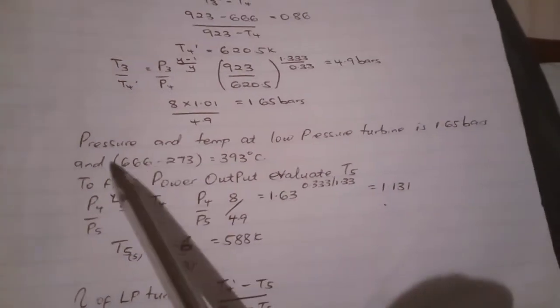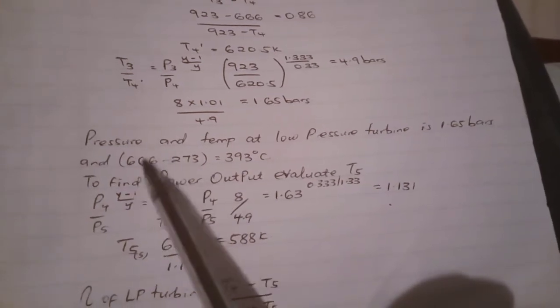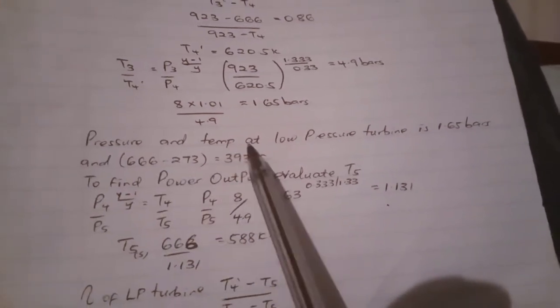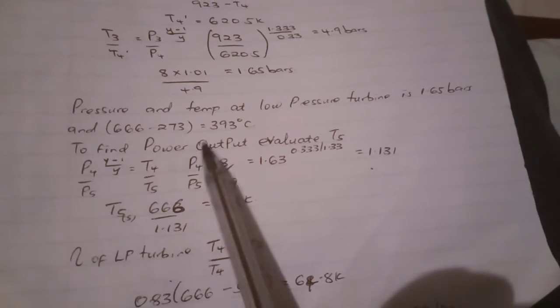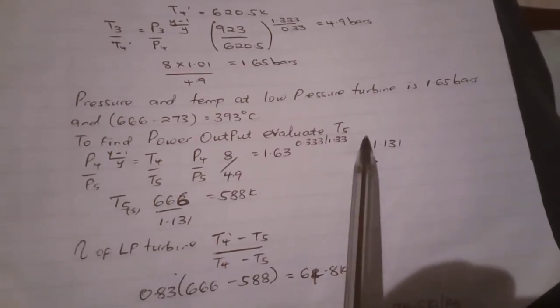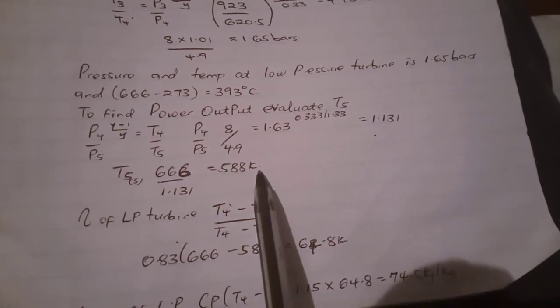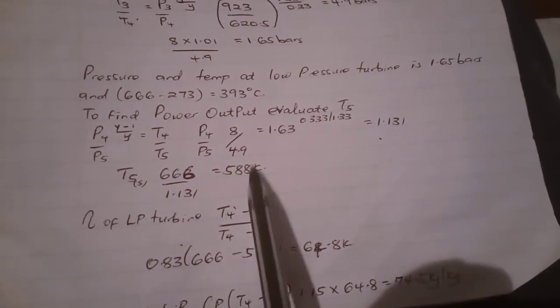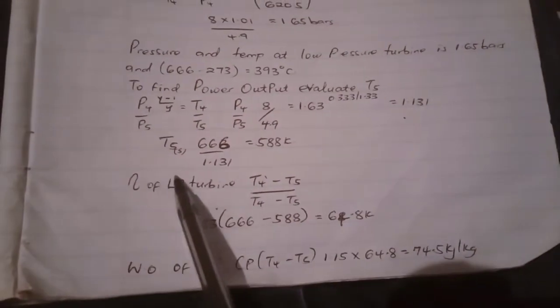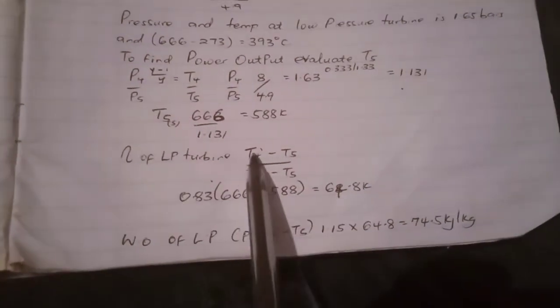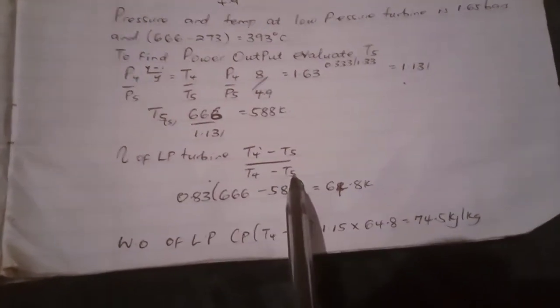After changing 666 Kelvin into degrees, to find power output you must evaluate T5. After evaluating T5, you get that T5 is 588 Kelvin. The isentropic efficiency of the low pressure turbine is equal to T4 prime minus T5 over T4 prime minus T5 prime.